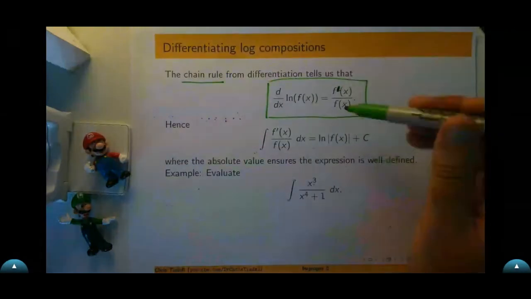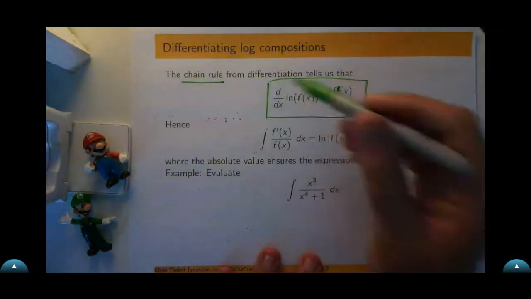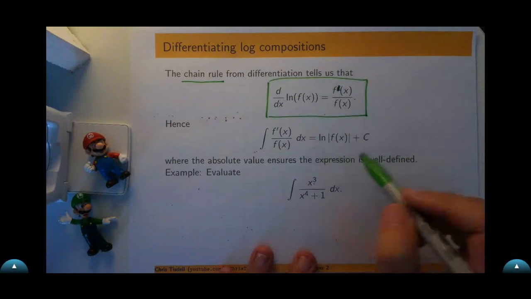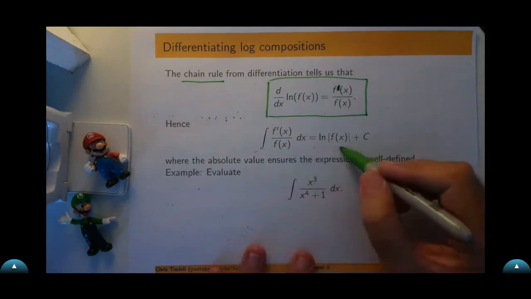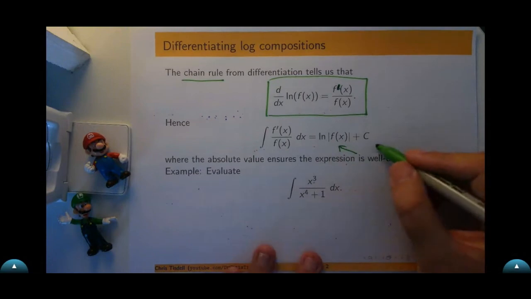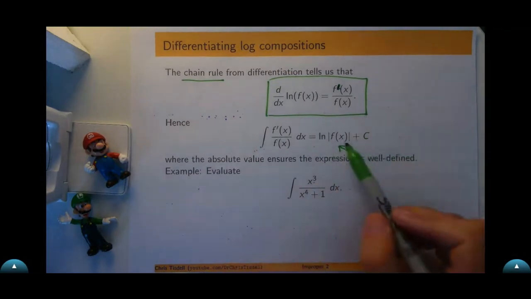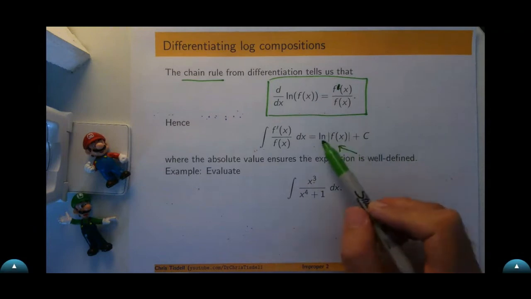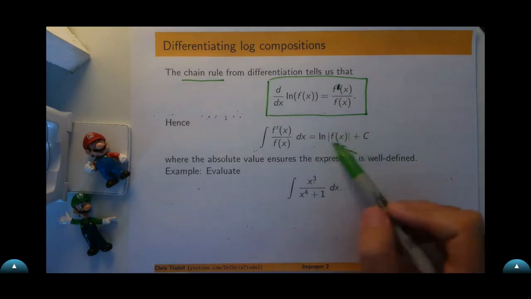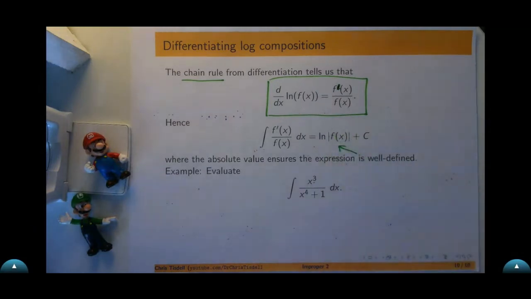So what you can do is integrate both sides, put your constant of integration in, and the absolute value signs here. You definitely want the thing to be well defined, right? So you can't take the natural logarithm of a negative expression.